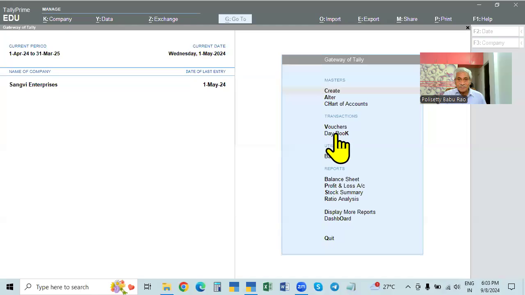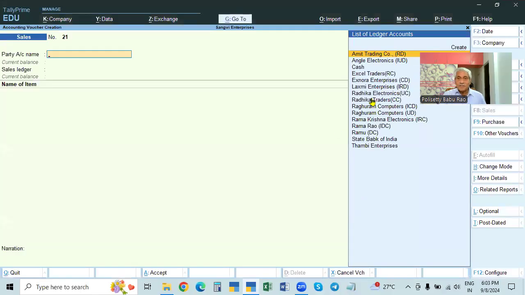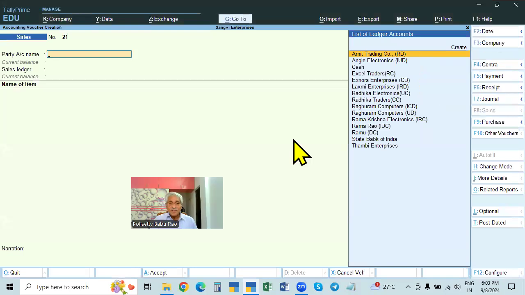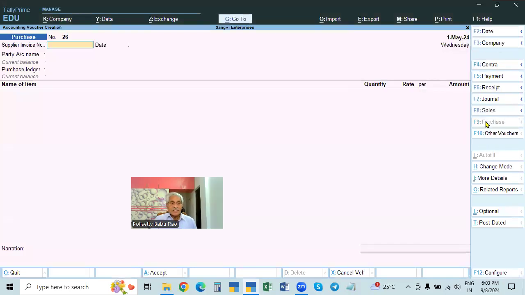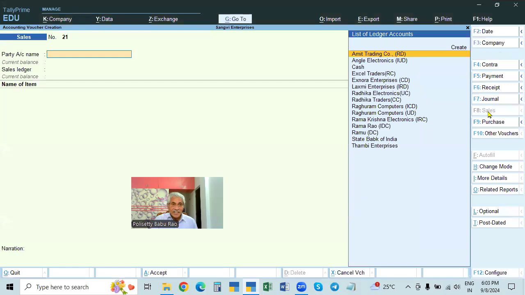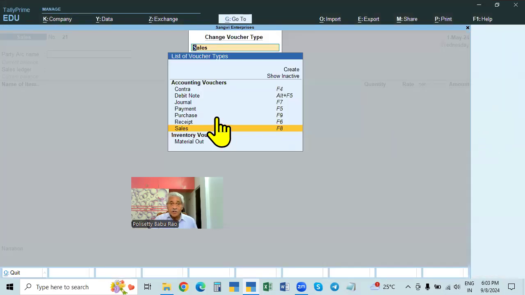So here I am sharing the screen. See here, in the voucher list, there is a voucher for purchases and a voucher for sales, but for purchase returns we have to go inside: debit note, Alt F5, for purchase returns.